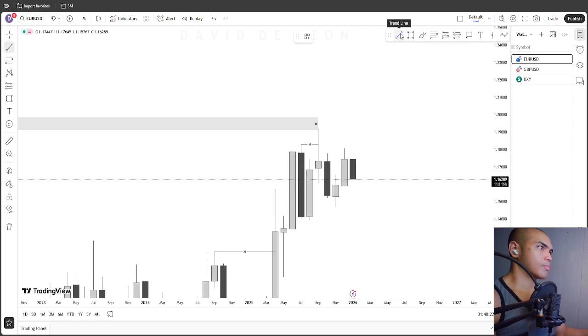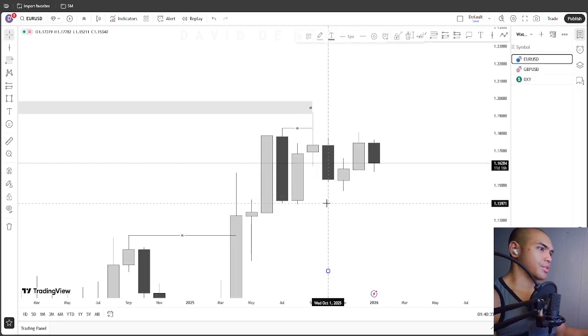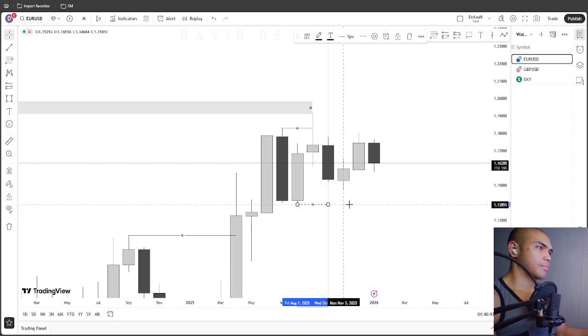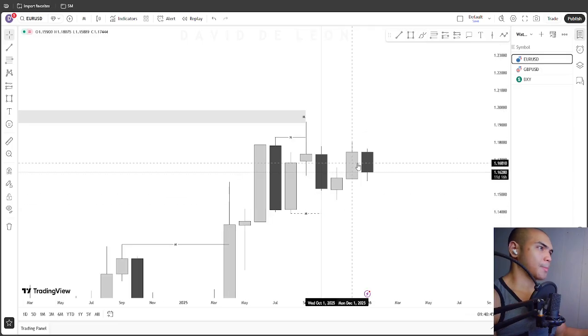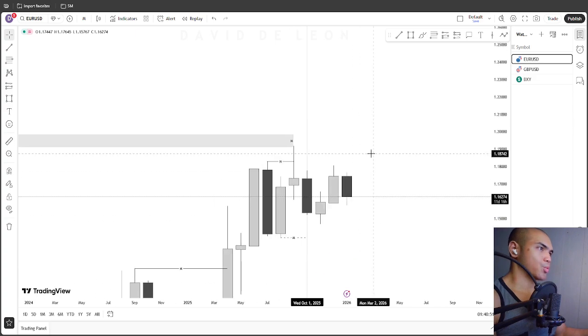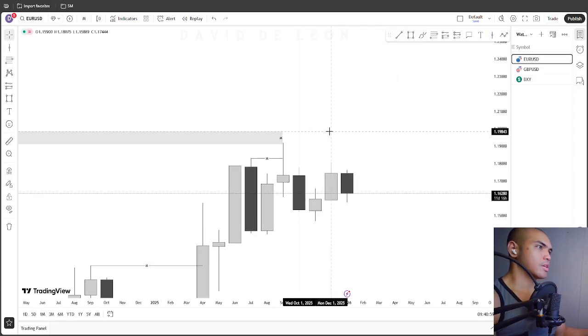Looking at this, after the price formed a monthly bearish swing, and this October candle, price failed to take out this low and decided to form a bullish monthly swing. This December monthly candle.